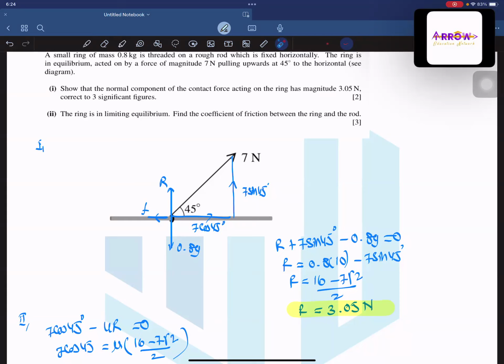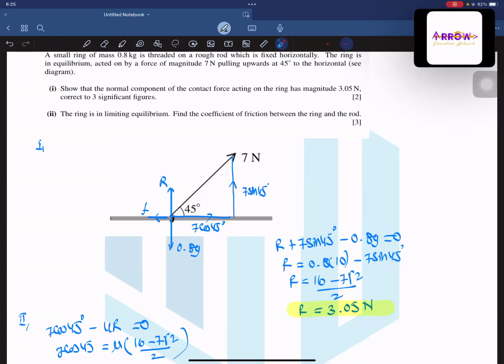R plus 7 sine 45, they are acting in the same path, so they are added together, and we are going to subtract the weight. So we subtract 0.8 g, and this whole thing is equal to 0. Even if there was some acceleration, even in that case, the sum of the forces which are acting perpendicular with the plane would be equal to 0.